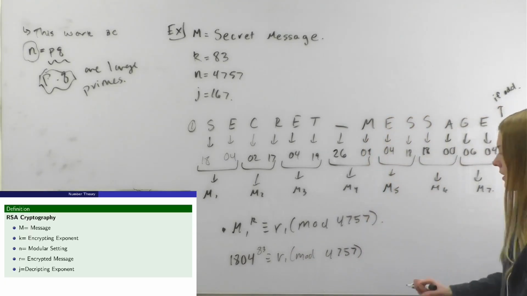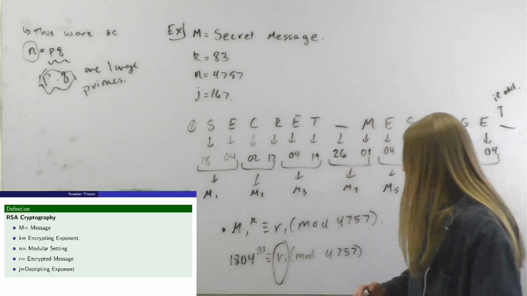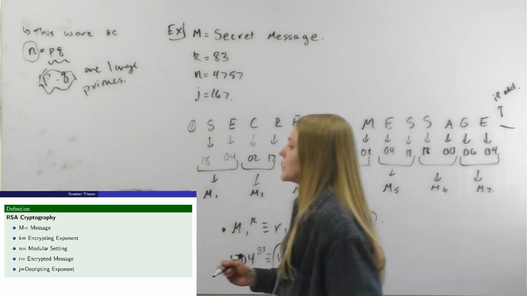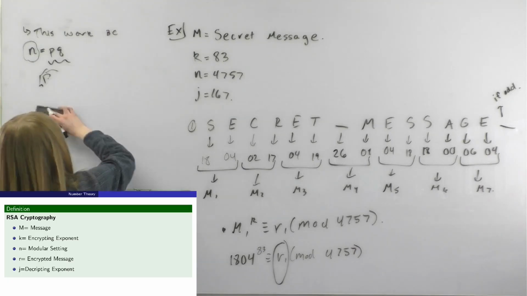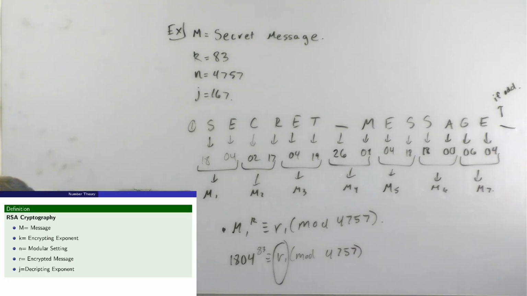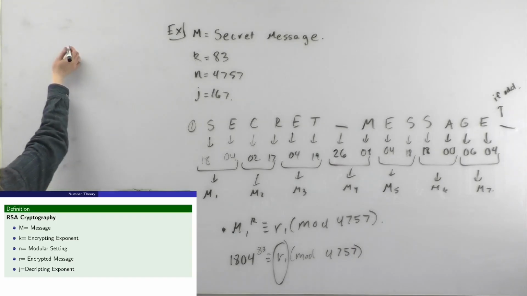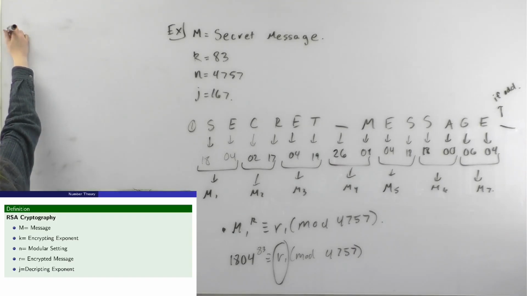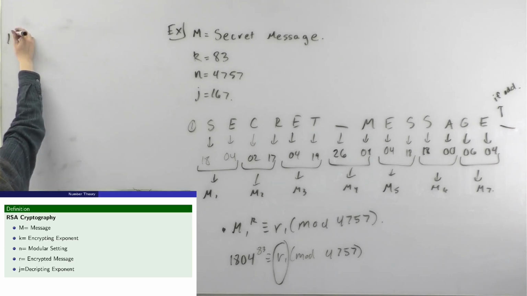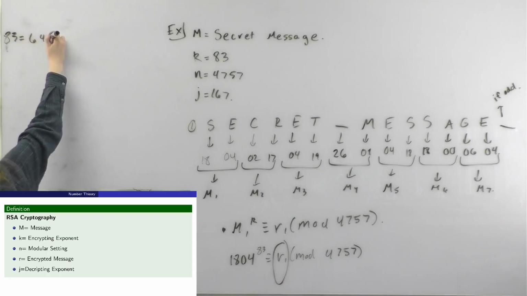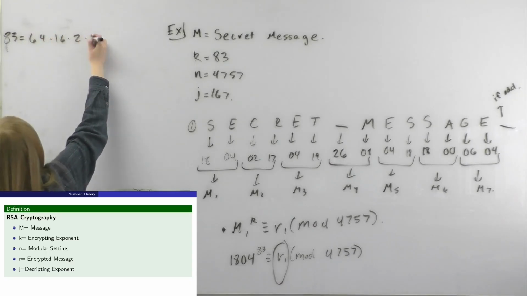And now we have to find R1. So let's do that. Okay. The quick way to do this is to note that 83 is equal to 64 plus 16 plus 2 plus 1.